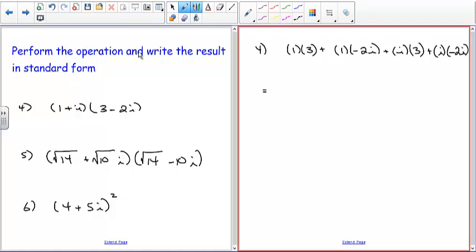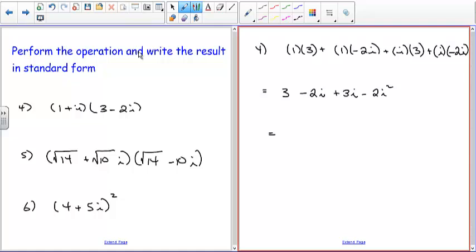So we can simplify things here. 1 times 3 is 3. 1 times negative 2 is negative 2, so we get negative 2i. Here we have i times 3, which is the same as 3 times i. And then we have negative 2 times i squared. So you take the negative 2, move it out front, you have i times i.